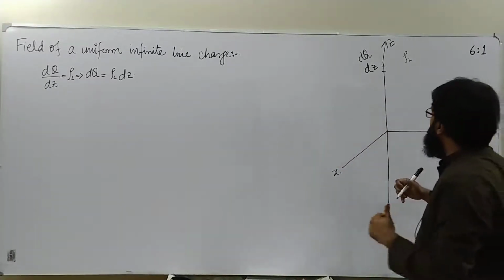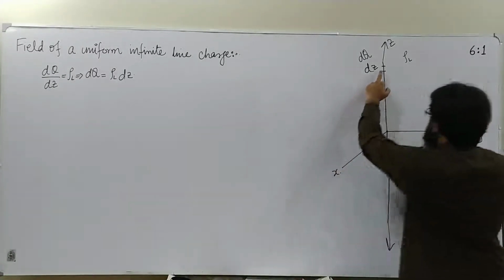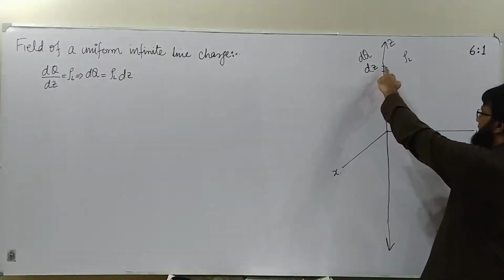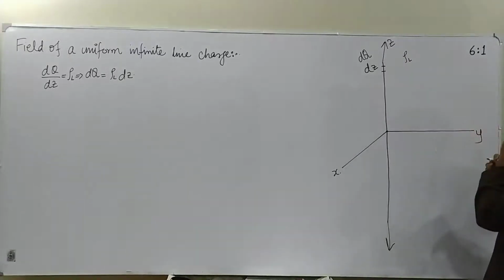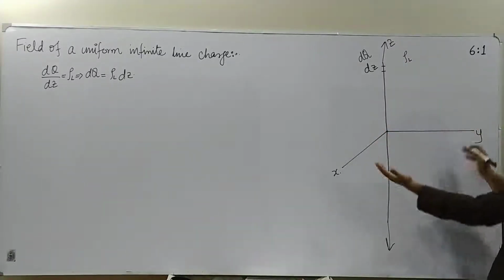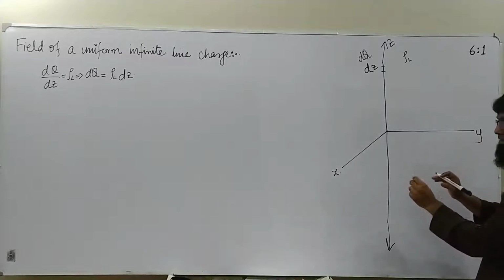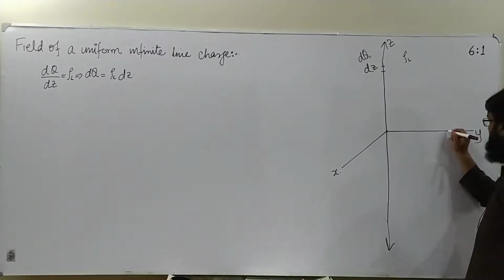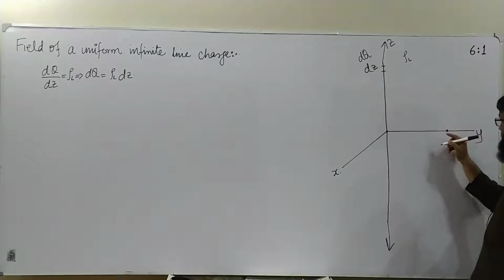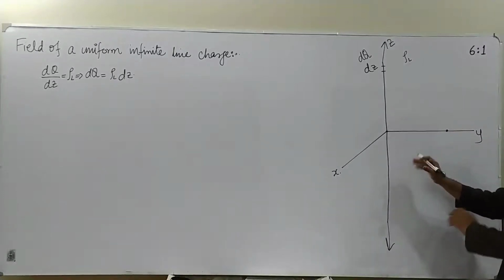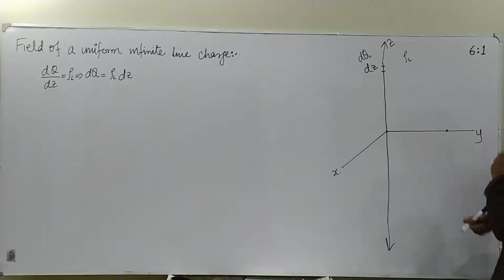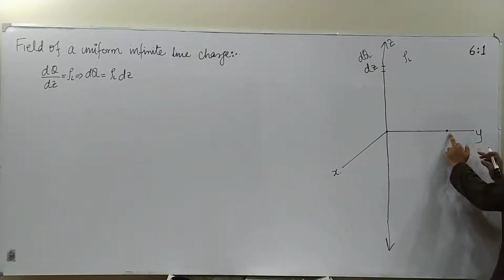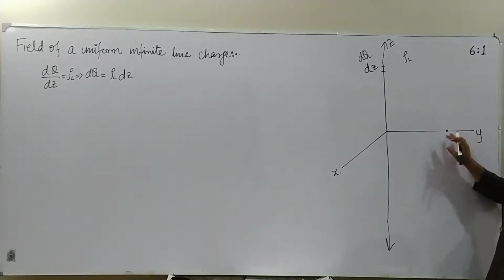Anyway, now with respect to this point charge, I can find the formula of the field at any point within this three-dimensional space, but for the sake of derivation, we are taking a point on the y-axis. Why we are taking that will be clear momentarily, but we are taking a specific point on the y-axis as a field point.